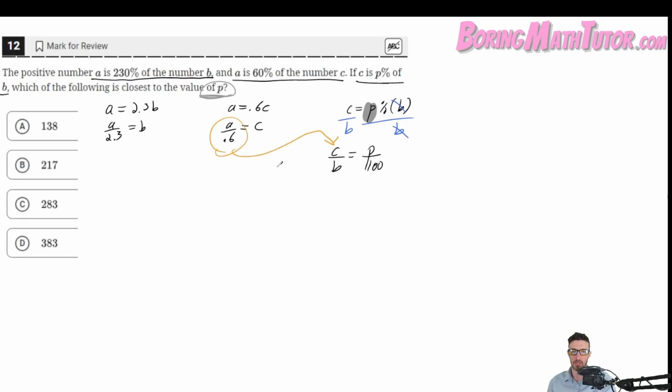So right where I see C, I can replace it with A over 0.6, and where I see my B, I can replace that with A over 0.3.